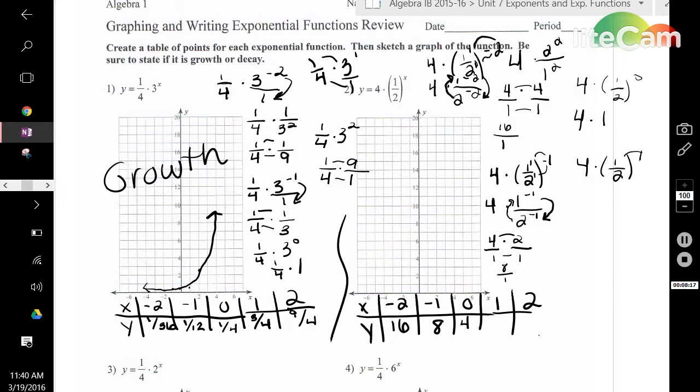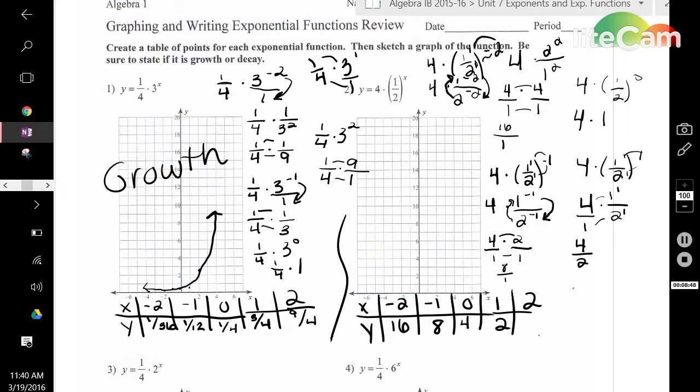Distribute outside exponent to the inside exponents of 1. 4 times 1 to the 1st, which is 1, over 2 to the 1st, which is going to be 2. We don't have to take the reciprocal here because there is not a negative exponent. We would multiply the tops and the bottom. 4 times 1 is 4. 1 times 2 is 2. 4 divided by 2 is 2.